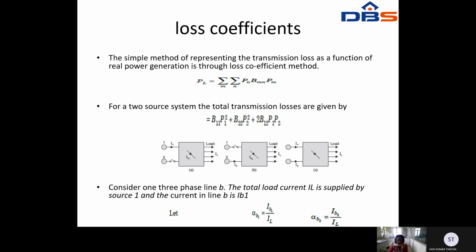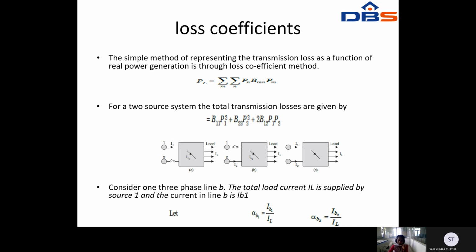Here we are taking a two source transmission system with one line, line B. Alpha B1 equals IB1 by IL and alpha B2 equals IB2 by IL.